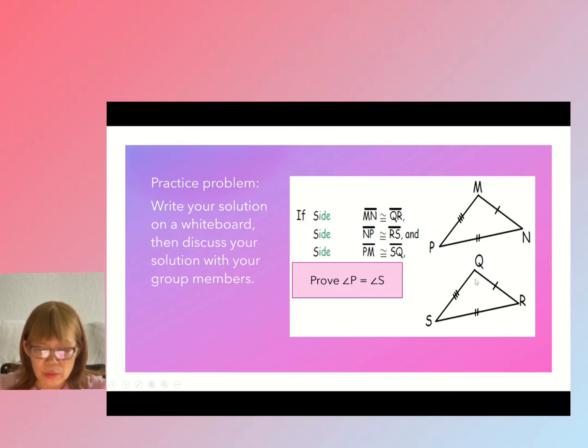In this problem, they give you two triangles and the three sides are congruent, okay? So what happened? By what postulate? Three sides of the triangles are congruent, what conclusion do you have?